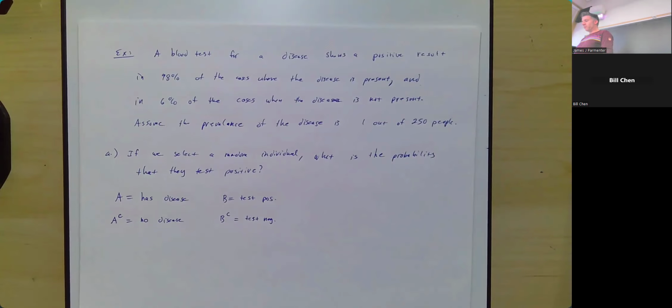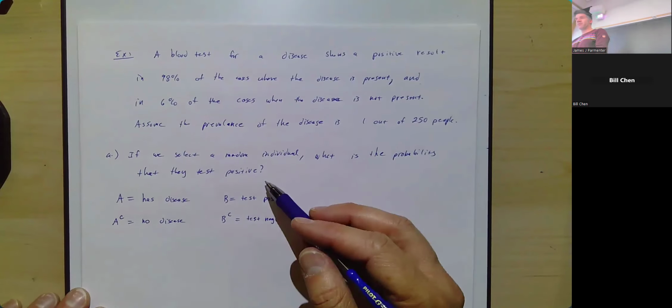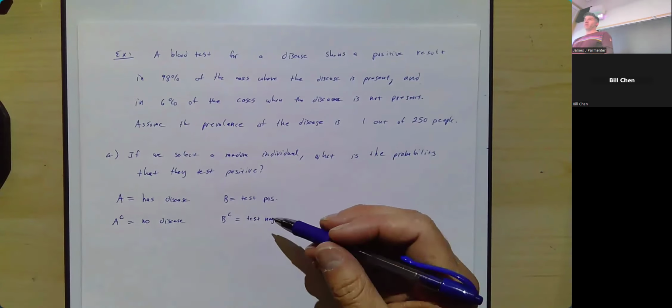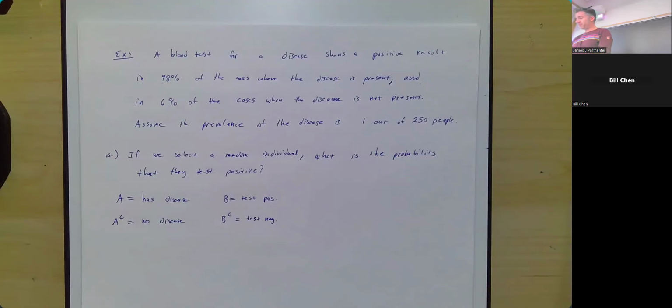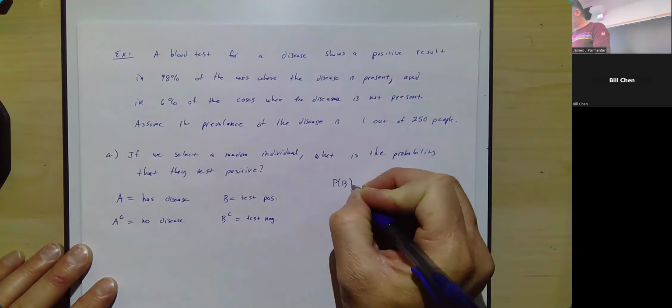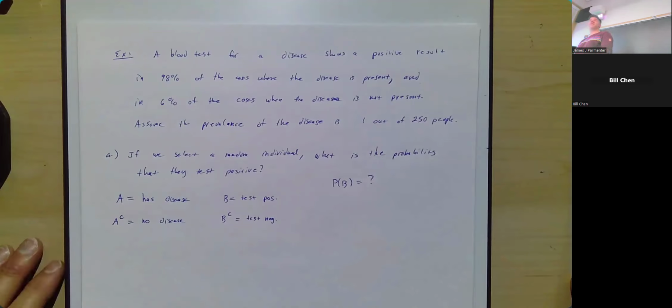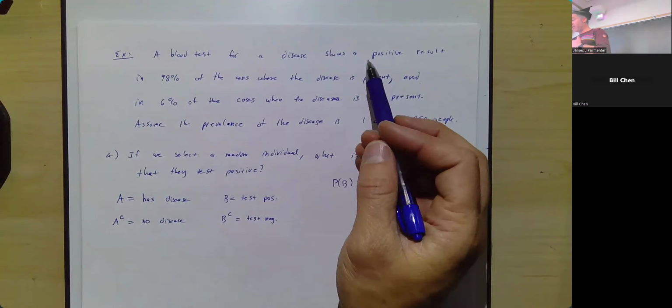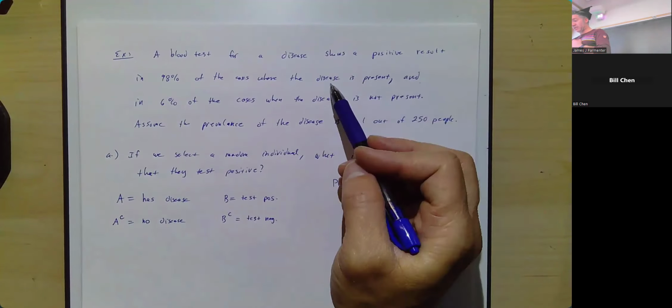So this question is asking me to find the probability of B, the probability that someone just tests positive. Let's write down a few of the probabilities that we know. We know some conditional probabilities. We know that given that someone has the disease, the probability of testing positive is 0.98.